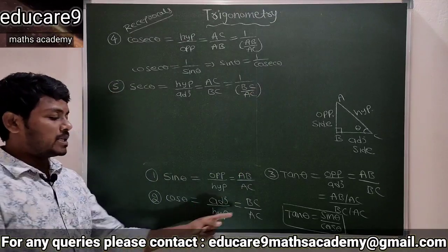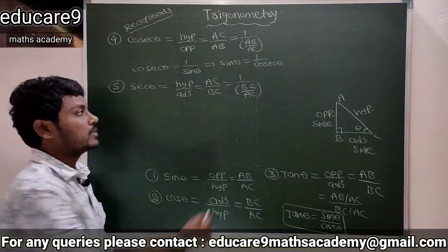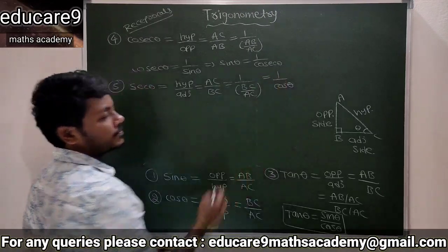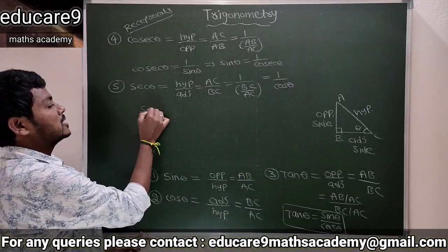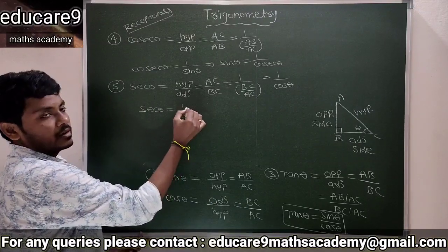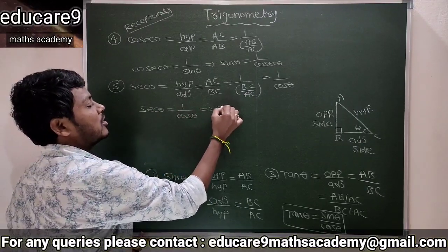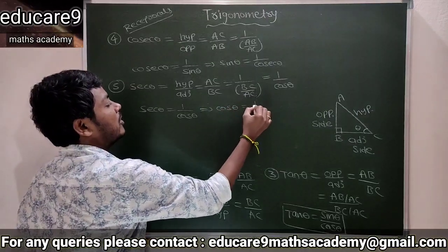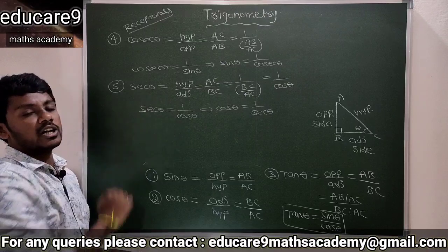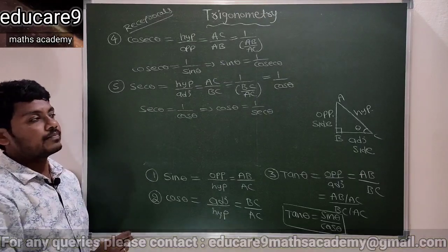But you know that BC by AC is cos theta. So this is 1 by cos theta. So therefore sec theta is 1 by cos theta. From this, cos theta is 1 by sec theta. So here sec and cos are reciprocals.